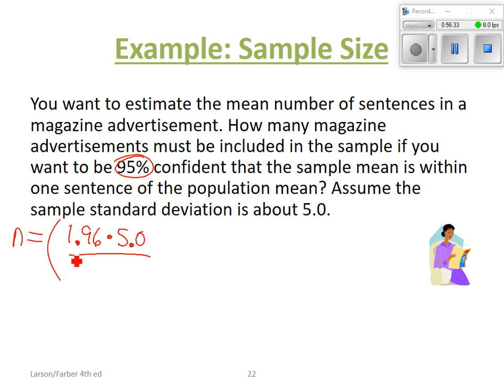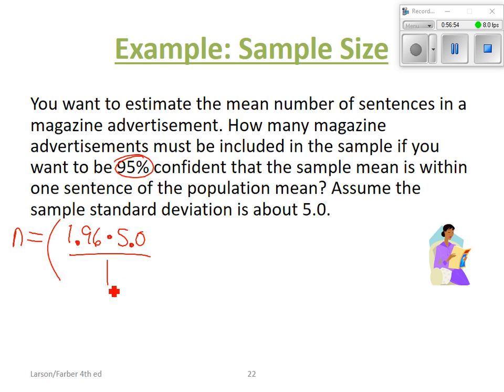Can anybody figure out by reading that how much off we want to be? One sentence. So we want to be one sentence above or one sentence below. So what goes down there on the bottom in this case?